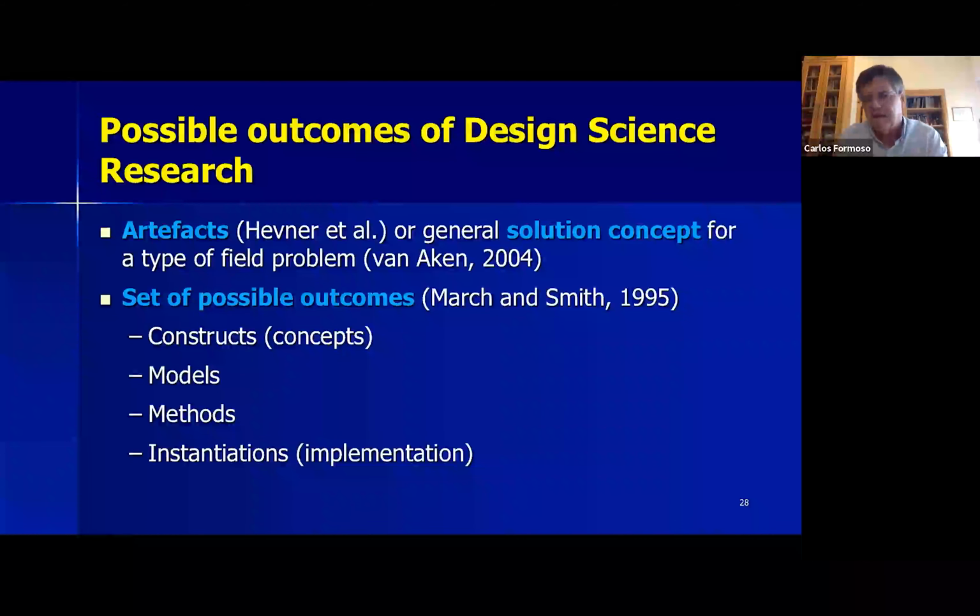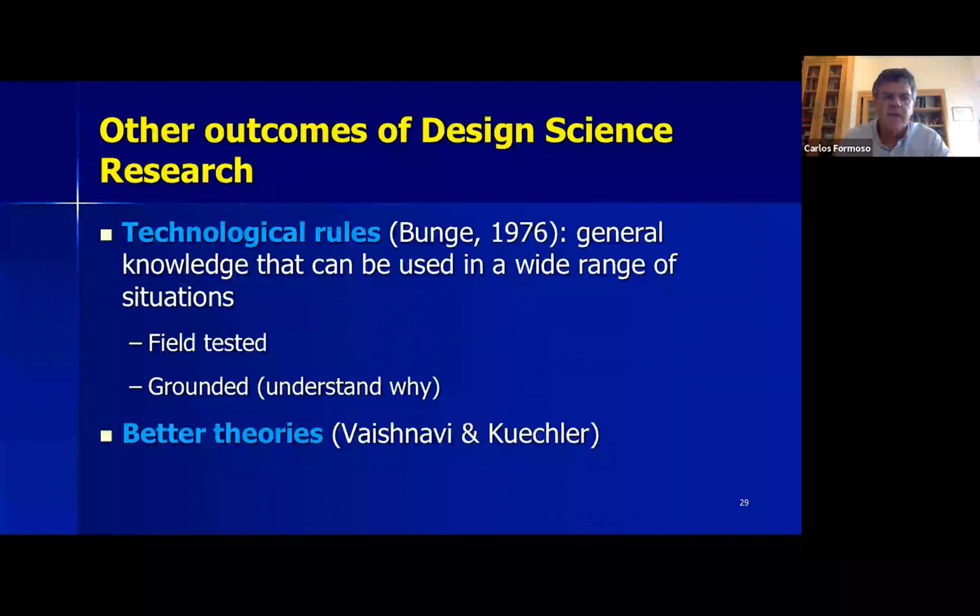So these were all contributions. The Last Planner System was tested in a very large number of companies. There are also some other types of artifacts that are mentioned in the literature, something like technological rules.